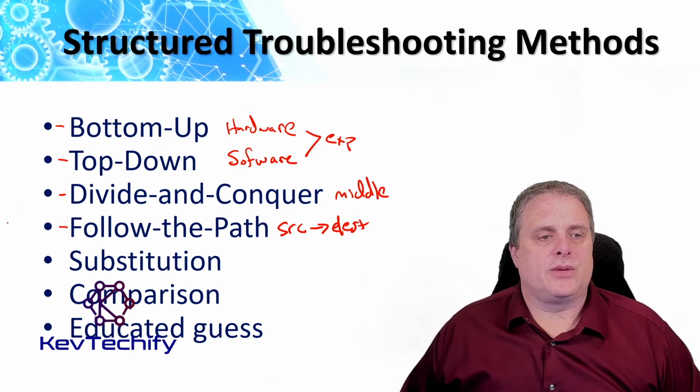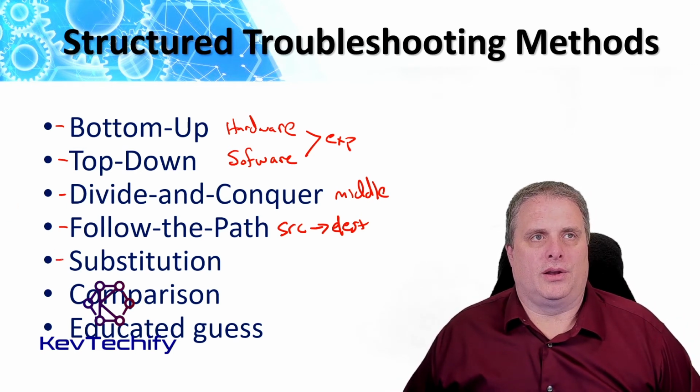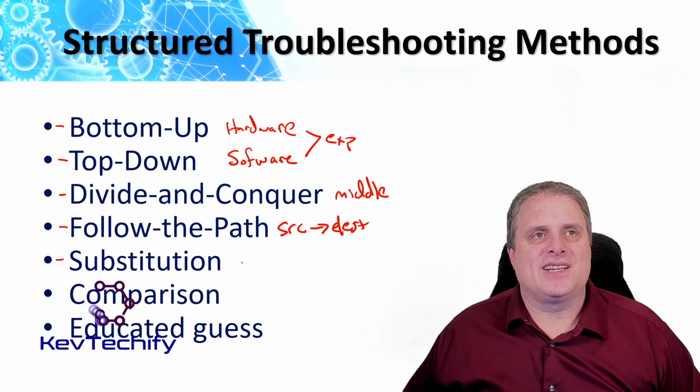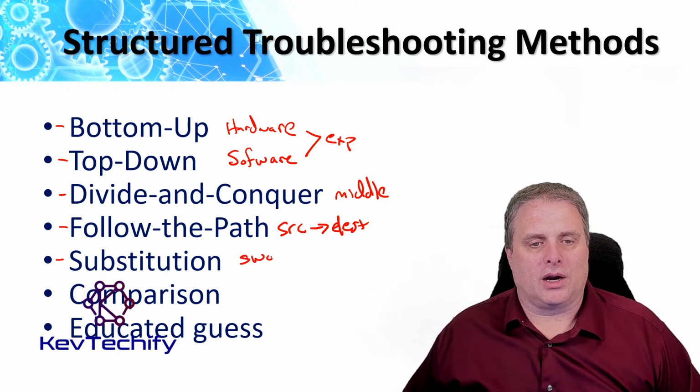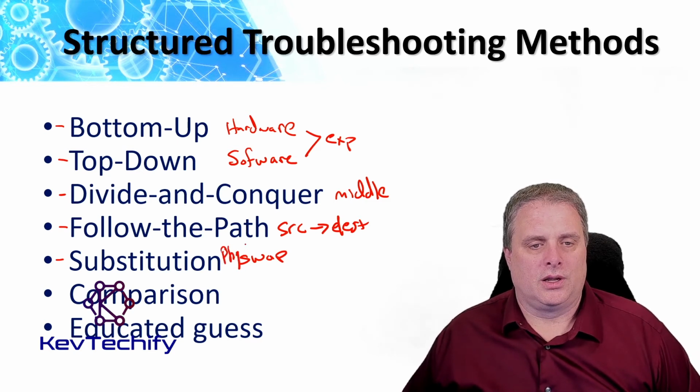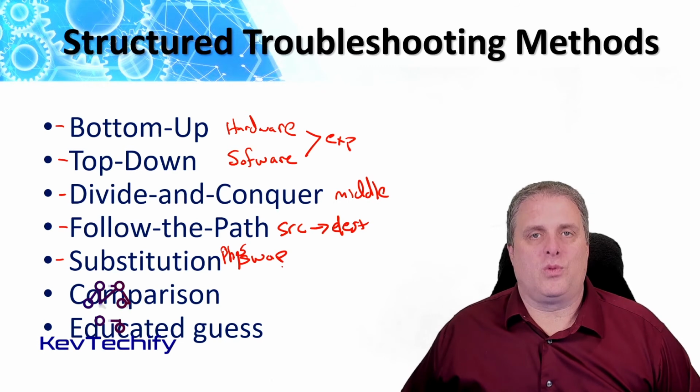We could use a substitution troubleshooting method. This is where you physically swap out the device you think has a problem with a working one. It's a physical swap of hardware.